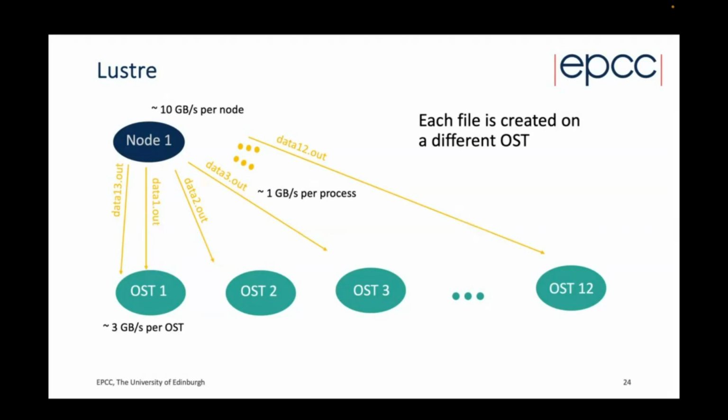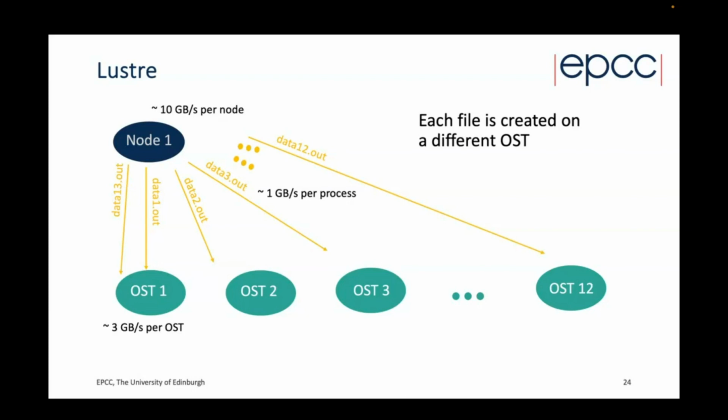I found that I can't write more than about 3 gigabytes per second to a single OST. Now, when we were writing just one file per process, we were using all the OSTs, so in principle we can go up to about 50 gigabytes per second. Now, if you're using all that performance, it means no one else can use the file system, so you probably don't want to do that.